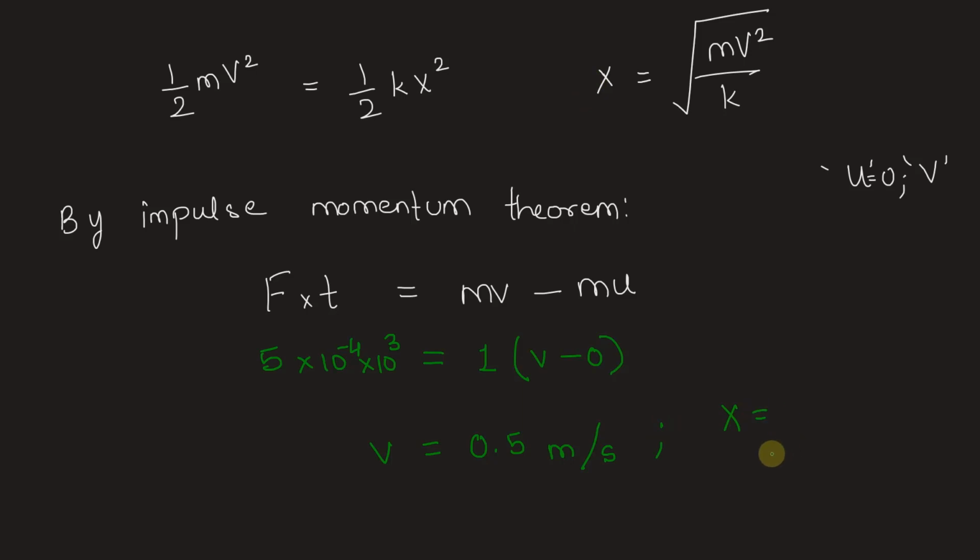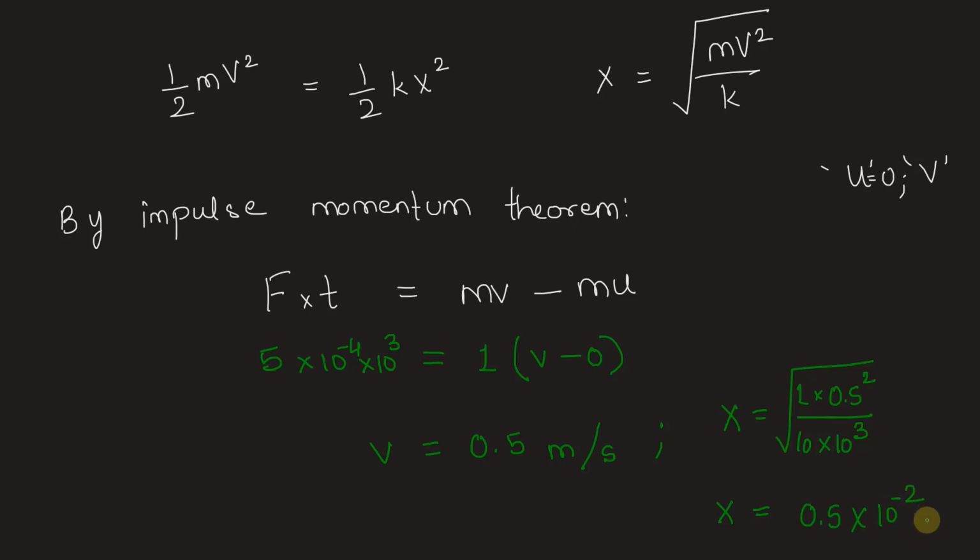It is x equal to under root, mass is 1 kg, velocity we found out is 0.5, square of it, divided by stiffness of the system, which is given to be 10 kN per meter. So it is 10 into 10 to the power 3 Newton per meter. X will be equal to root over 0.5 square, which is nothing but 0.5, so 0.5 into 1 upon 10 to the power 4 becomes 10 to the power minus 4, and its square root is 10 to the power minus 2.